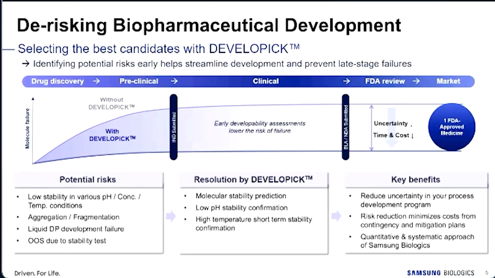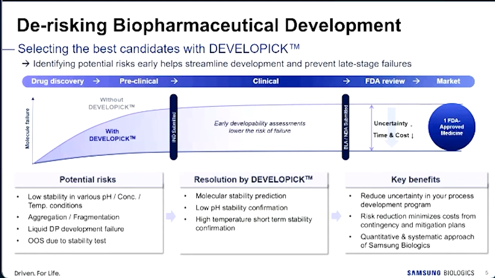Considering the whole drug development process from discovery to commercialization, process development and clinical trials need sizable budgets to proceed. Therefore, it is very important to predict the developability before the real process development stage starts, to save money for development. That's why we launched this service for our clients.